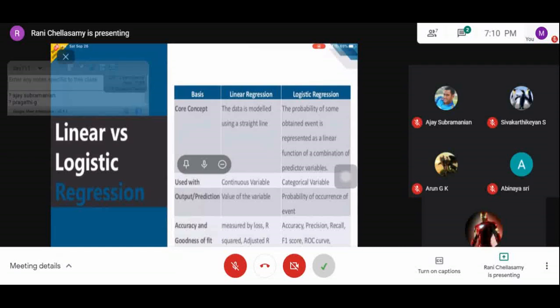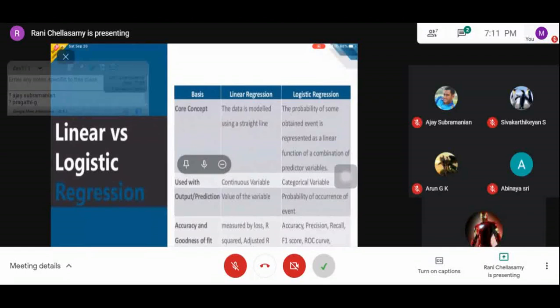In case of logistic regression, we can compute the accuracy using precision, recall, F1 score, ROC curve, and confusion matrix. These are all the performance measures that you have seen in the classification session itself. In the prior session we dealt with all such performance measures.